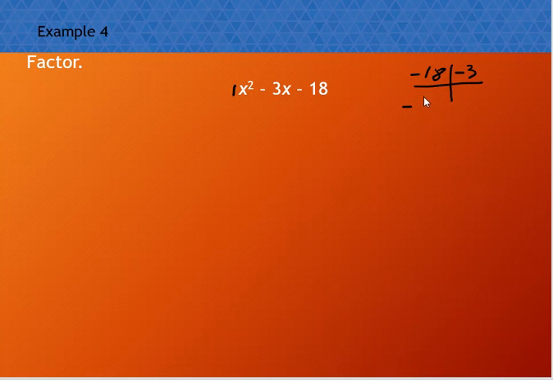So negative 6 times 3 produces negative 18, and also negative 6 plus 3 ends up being negative 3. So x squared minus 6x plus 3x, noticing that negative 6x plus 3x gives us negative 3x, and minus 18.